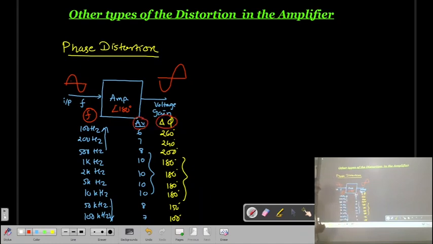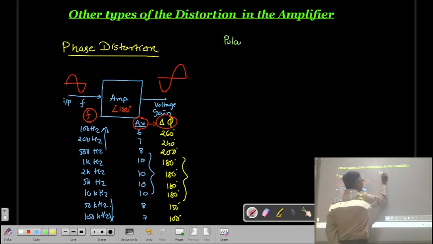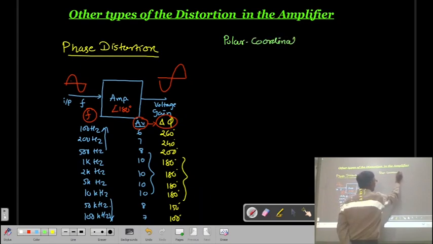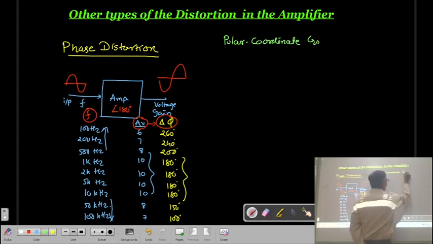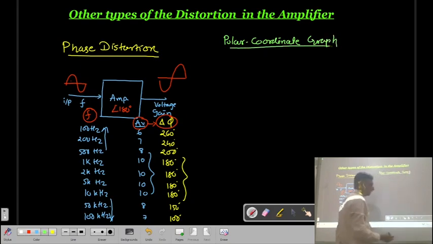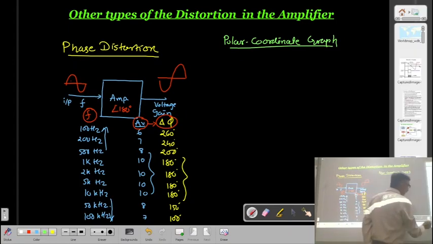So you can plot the graph of gain and phase. That graph you can draw on a polar coordinate graph. Now, what will the polar coordinate graph be? That I will show you.